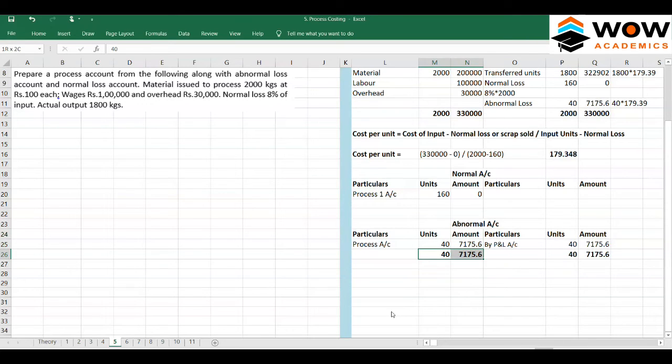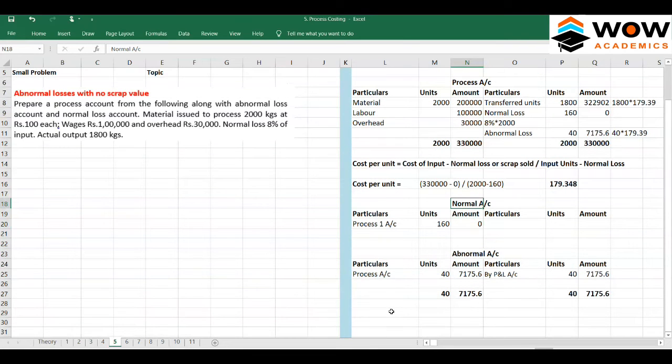If you want, you can put it under one line. You have closed the abnormal account. For the normal account, I don't think you even have to open it, because nothing comes here. You don't need to show it, but as the question asks, you just show it. Put this as normal loss account.